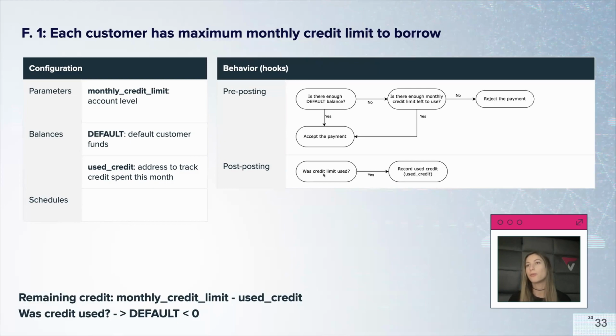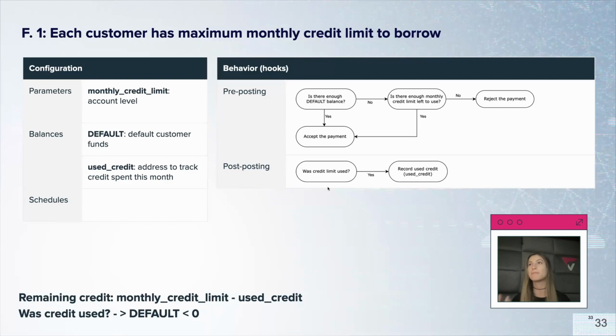And with that having done, maybe the question could be also how do I know if the credit limit was used within the payment? And that I can evaluate thanks to the fact that I have within the smart contract access to the real-time financial state of the account, and I can just ask if the balance on the default address that represents customer funds dropped under zero because I accepted the payment for which I didn't have enough money.